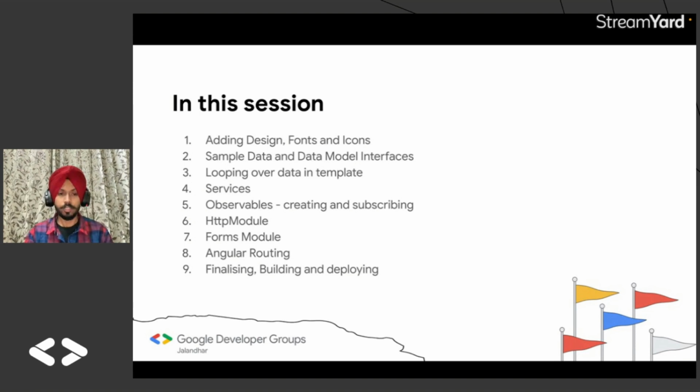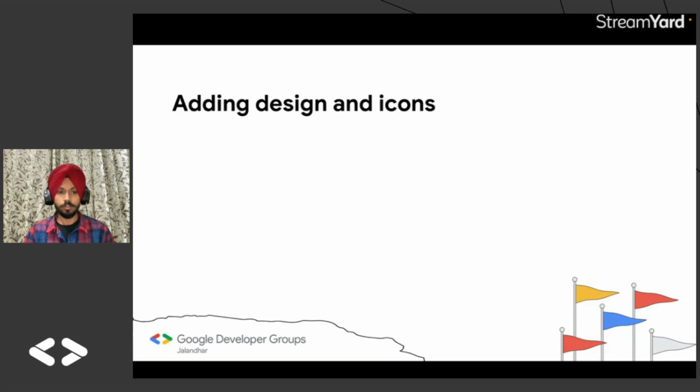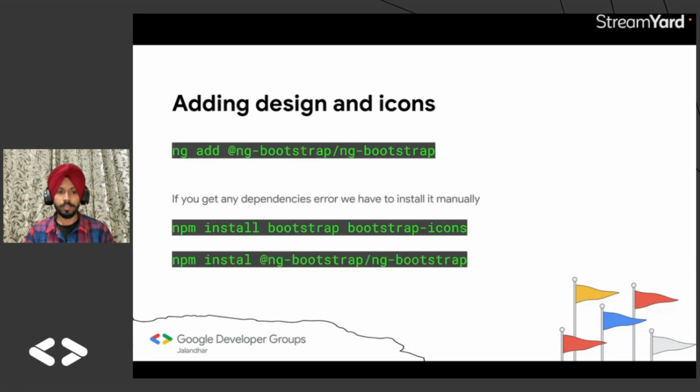So let's get started. First of all, we have adding design, fonts, and icons. To add design, we will be having some commands. For example, these are the commands. You can run ng add @ng-bootstrap/ng-bootstrap.